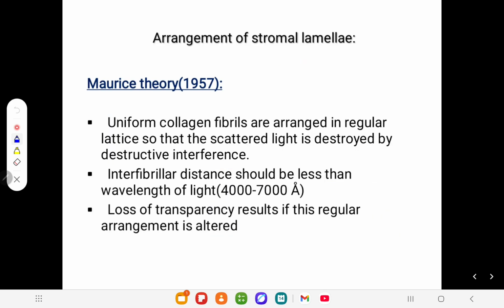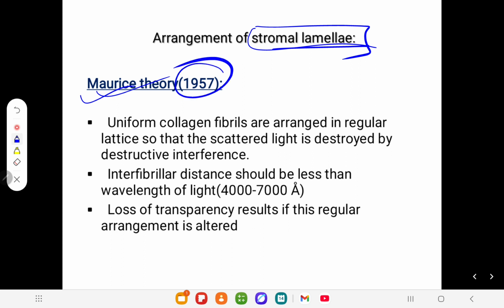Okay, so arrangement of the stromal lamella, then we will come to the theory of transparency related to stromal lamella, isn't it? So one of the famous theories and one of the correct theories, I think, is the Morris theory. Morris theory was postulated in 1957. Uniform collagen fibrils are arranged in a regular lattice so that the scattering of light is destroyed by destructive interference.